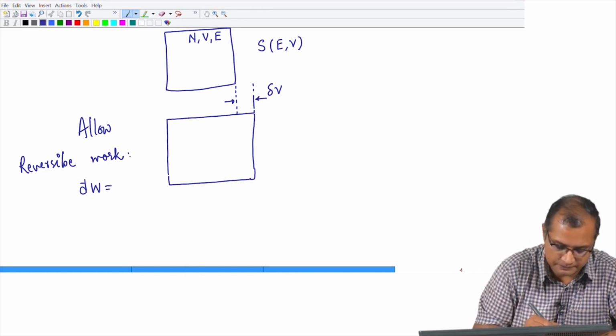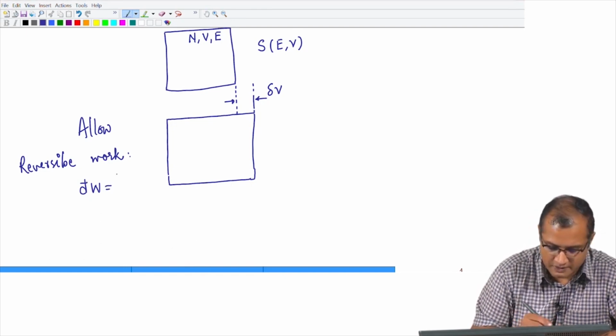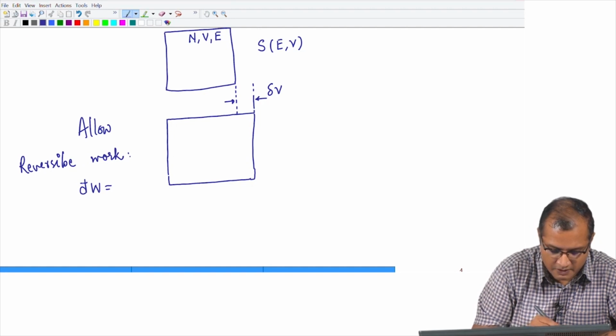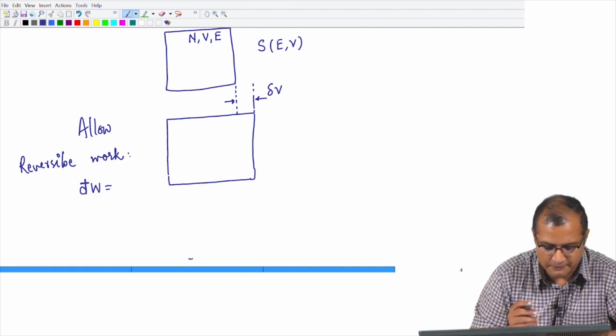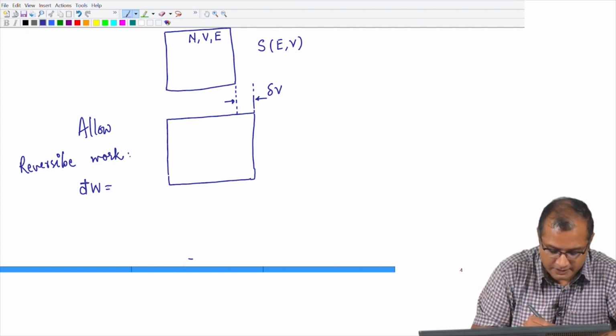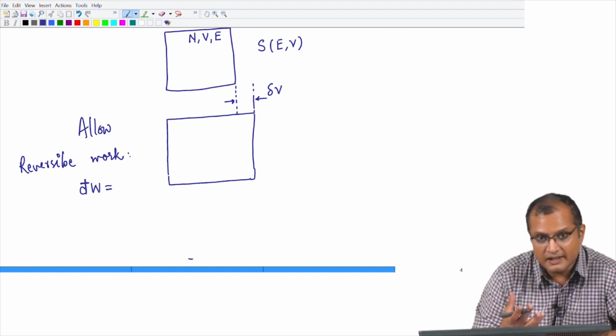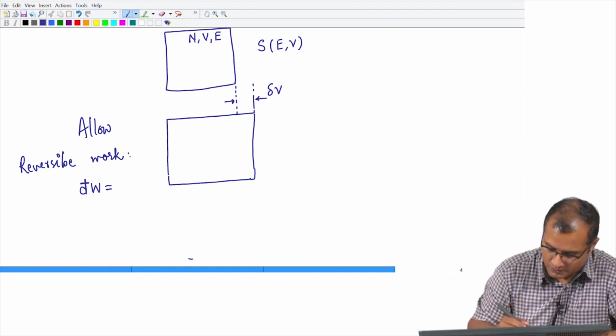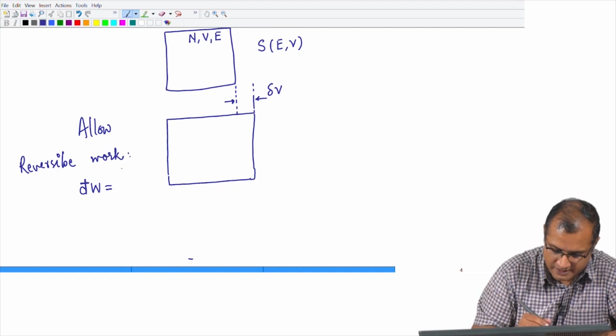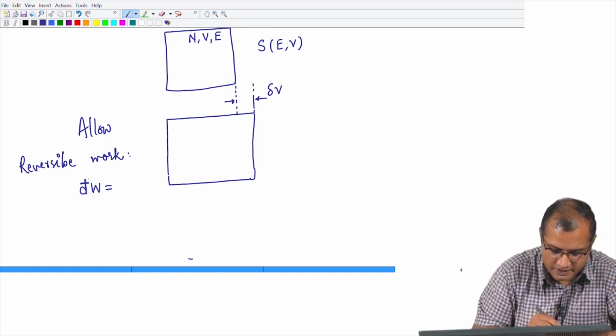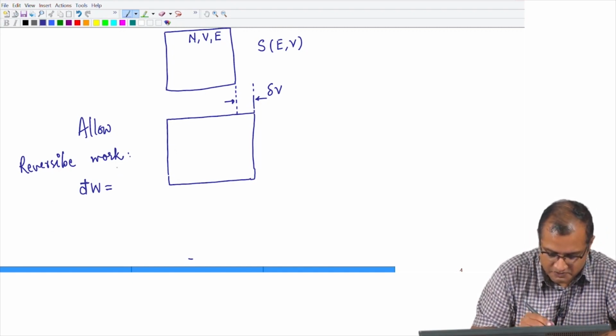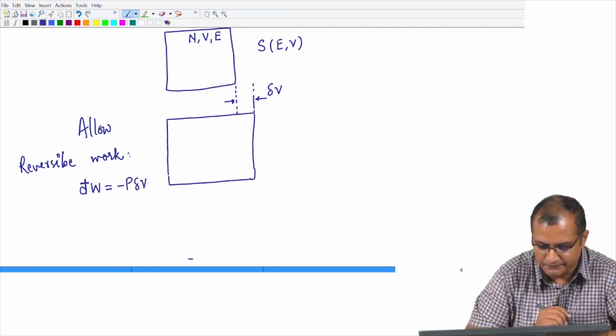I am using a horizontal bar here, which means that this work cannot be traced; it is path dependent. It is not an exact differential, and this is highlighted by this strike-off, and I call it minus P into delta V.